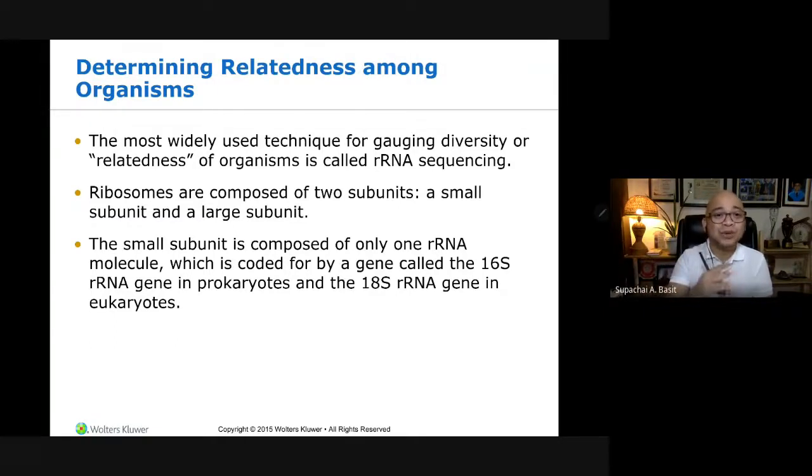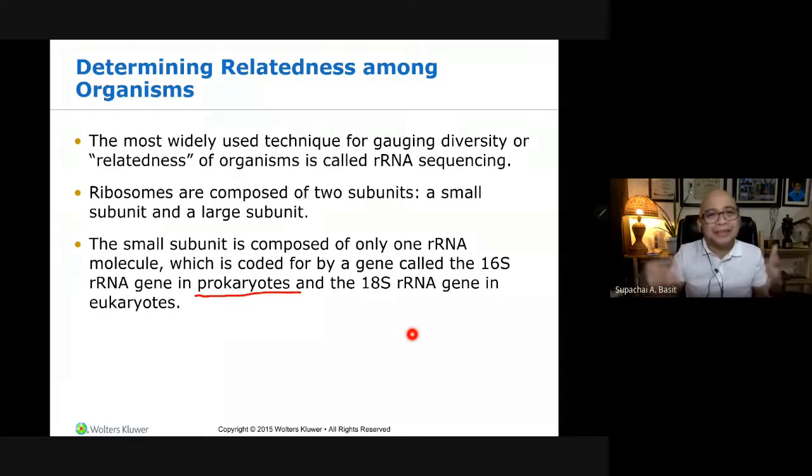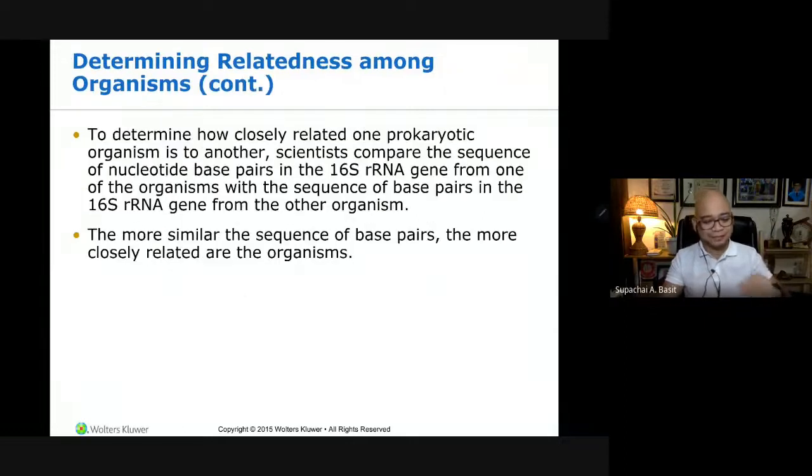Like what I've told you, we have a small subunit and a large subunit. The small subunit is composed of only one RNA molecule, which is coded for by a gene called 16S rRNA. The 16S rRNA, I think I've already introduced that to you, belongs to the prokaryote, while the 18S rRNA gene belongs to the eukaryote. So that's how we determine how organisms are closely related to one another.